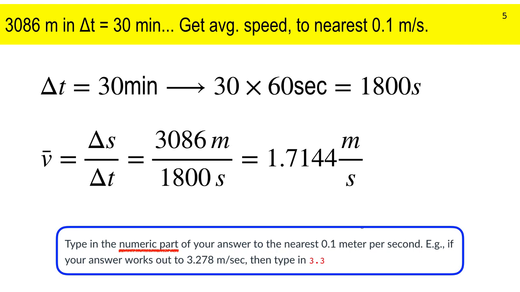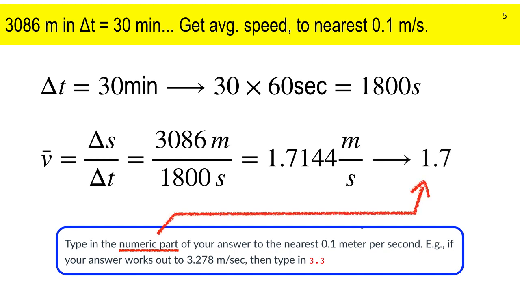So when you're doing these problems, don't type in meters per second or anything. It's just the numeric part. So in that case, it's 1.7. You wouldn't need to type in 1.7144, just round it to the nearest tenth of a meter per second. Ding, 1.7. So there's your answer.